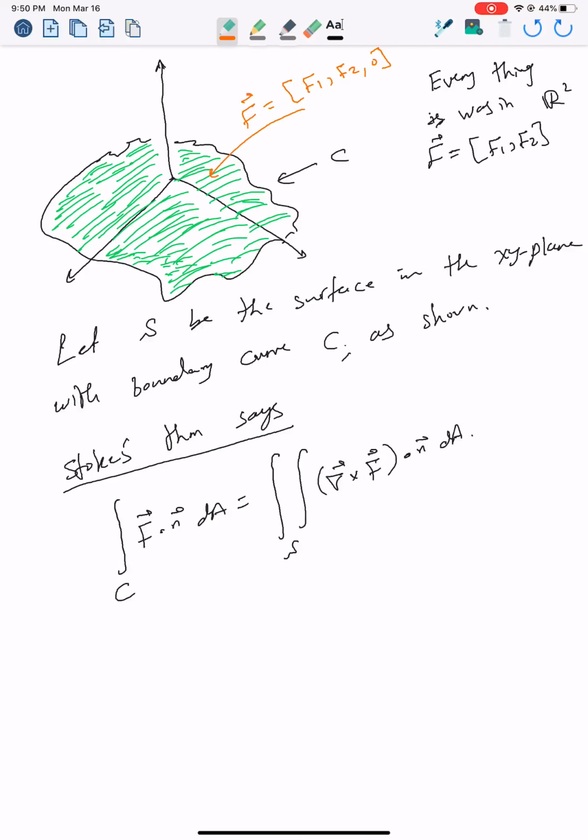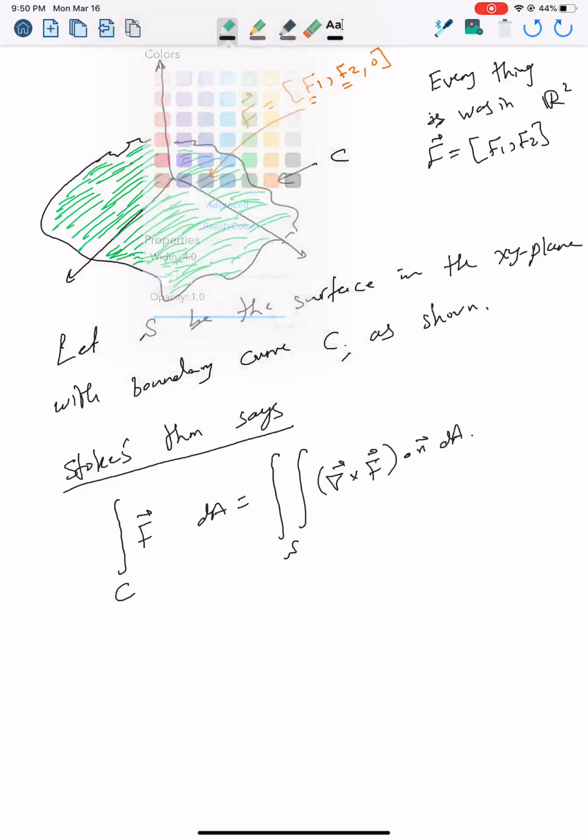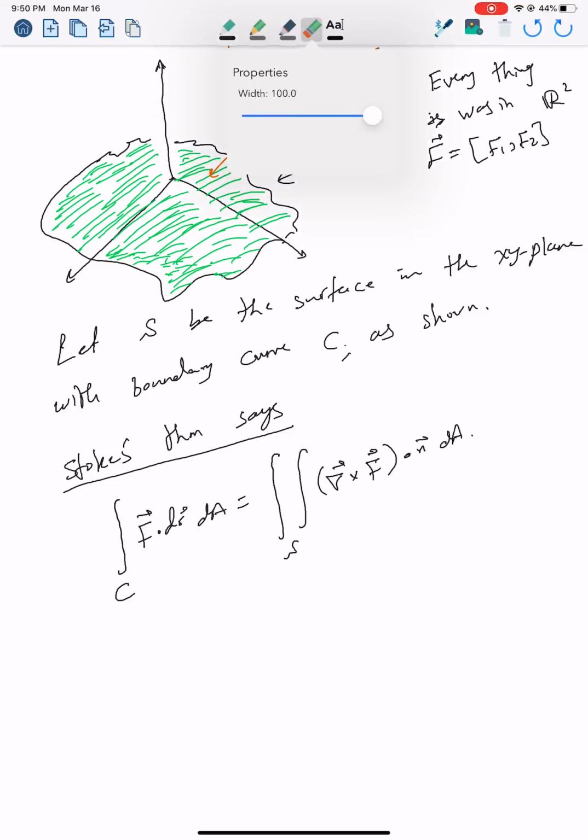It is affected only by x and y, and f1 and f2 only depend on x and y. This is very important. And sorry, I made this mistake again. This is not F dot n, this is F dot dr. So this is our Stokes theorem.